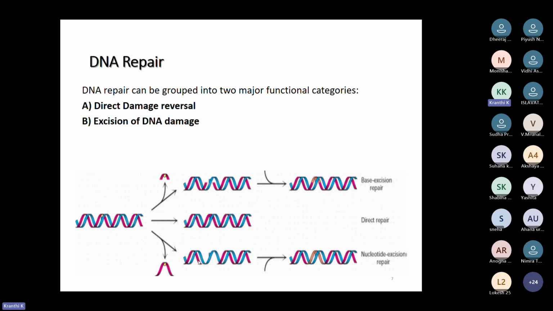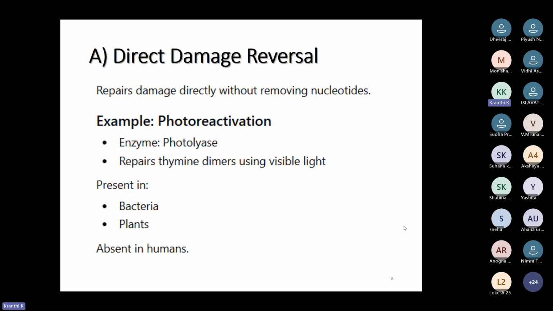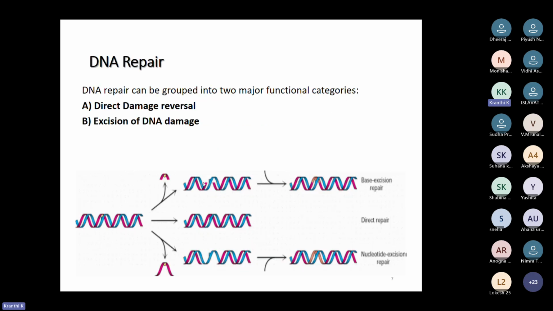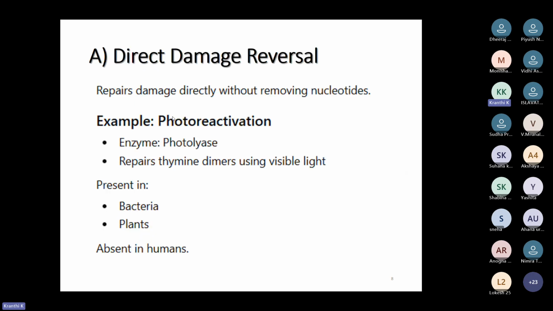Most of the part it will excise, remove, cut. Then again in detail, coming to direct damage reversal. It repairs damage directly without removing the nucleotides. Wherever there is a deficiency of that nucleotide, it will just add, that's it.